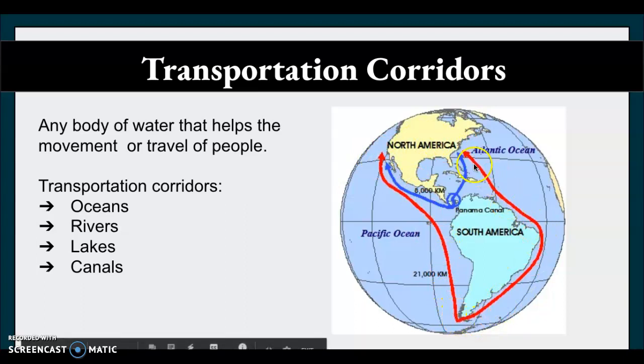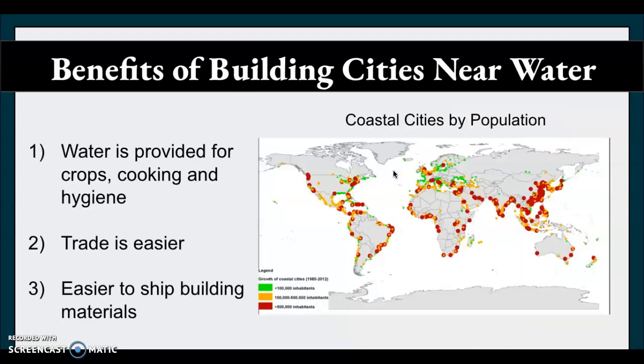Follow that red line. It's incredibly long. And then here at the tip, tons of icebergs. So not only is the journey longer, but it's also more dangerous. However, with the building of the Panama Canal, the trip is shortened considerably. So it makes trade a lot easier. So those are transportation corridors.